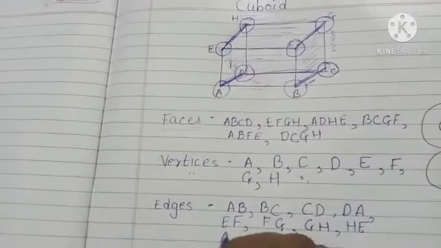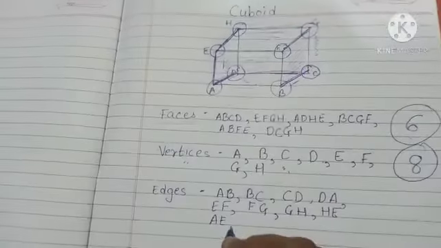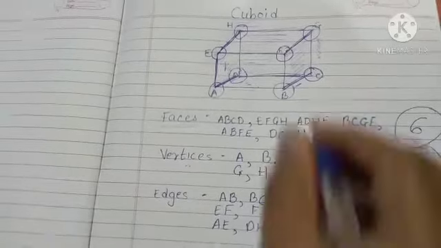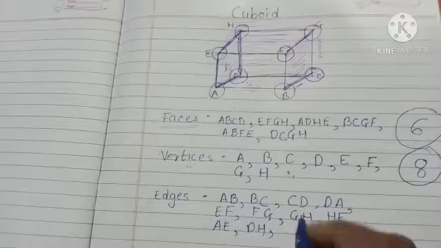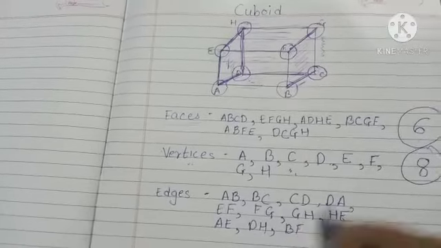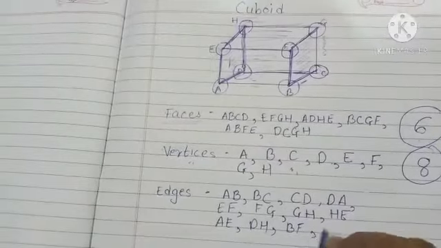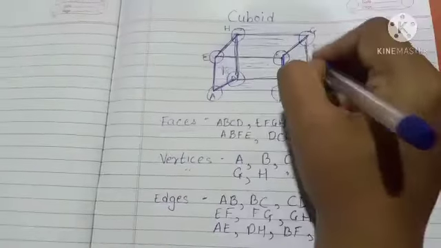Then we have AE. Then we have DH. Then we have BF. And the last is CG.